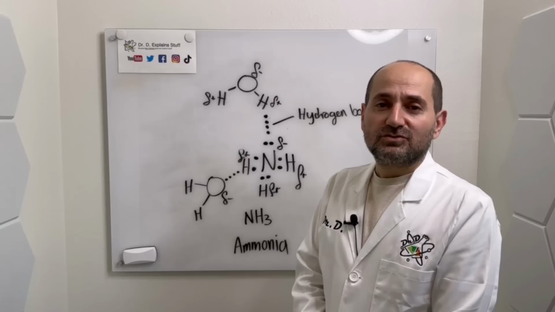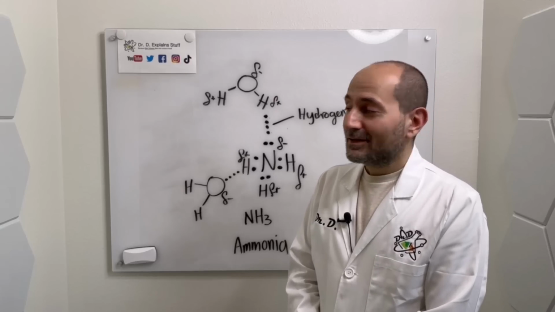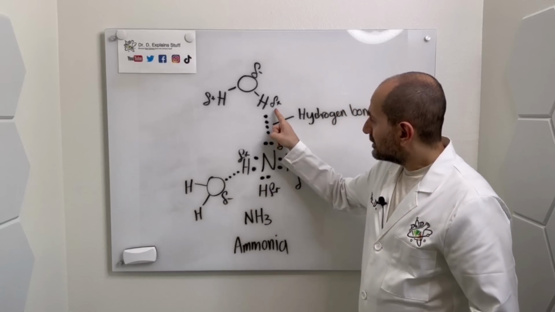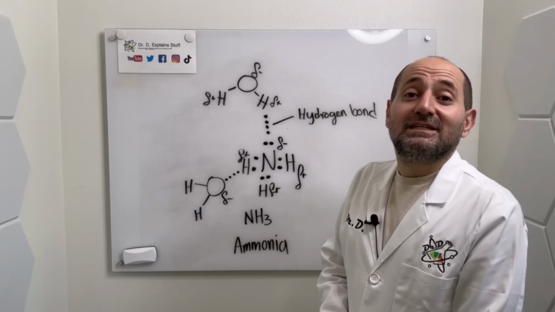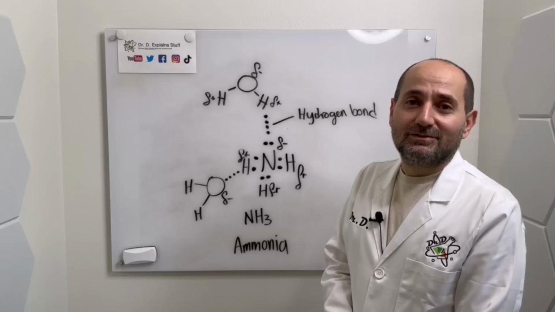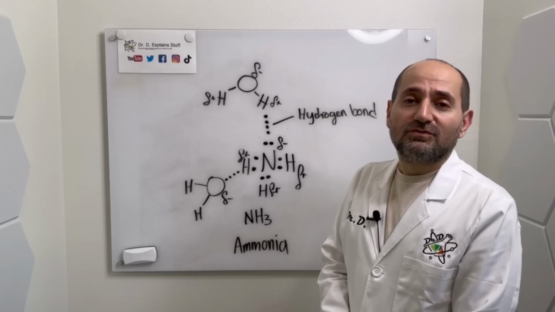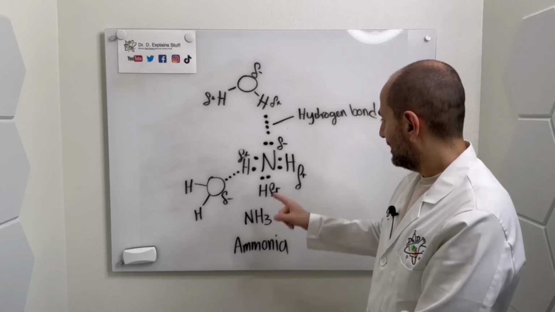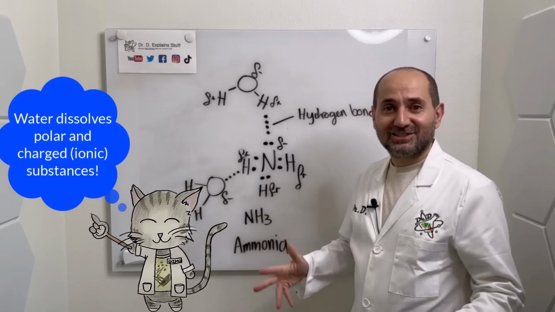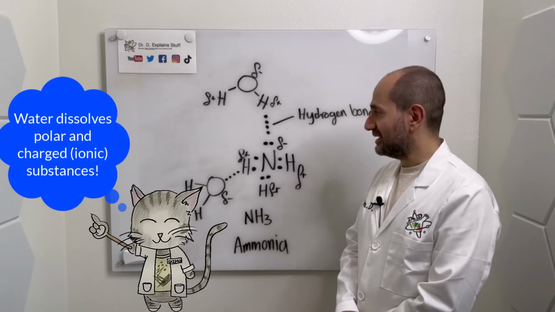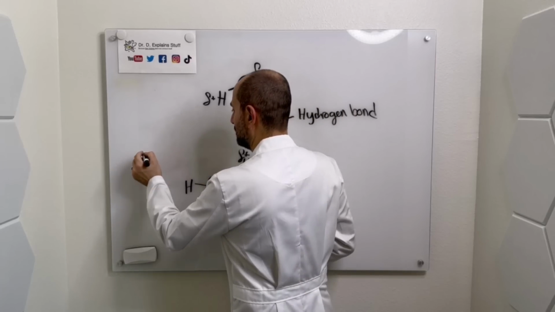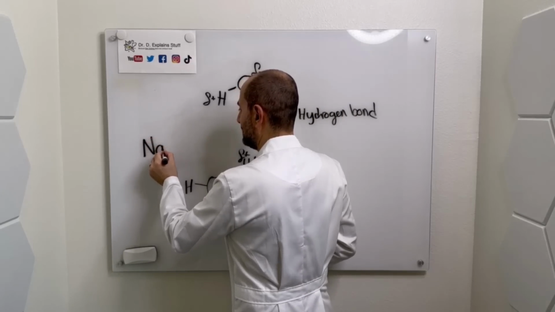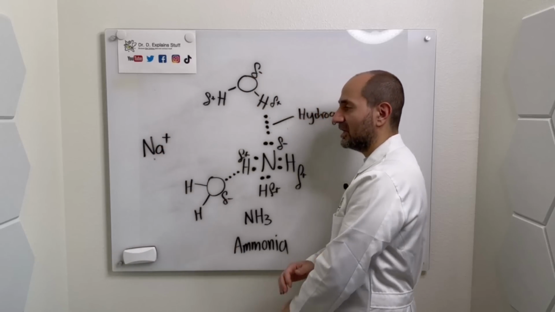All right? So let me tell you something. Anything that water can stick to and make hydrogen bonds with can be dissolved in water, okay? Water can dissolve any substance that's polar or charged. Isn't that neat? For example, sodium ion, Na+, sodium ion.